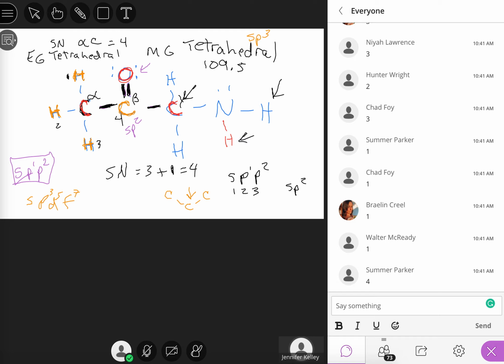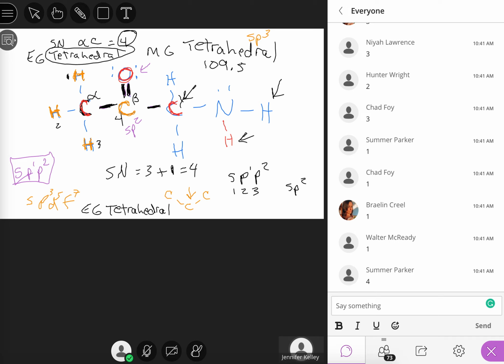So the steric number is 4. We determined before that when the steric number is 4, the electron geometry is tetrahedral. So this is for that nitrogen.